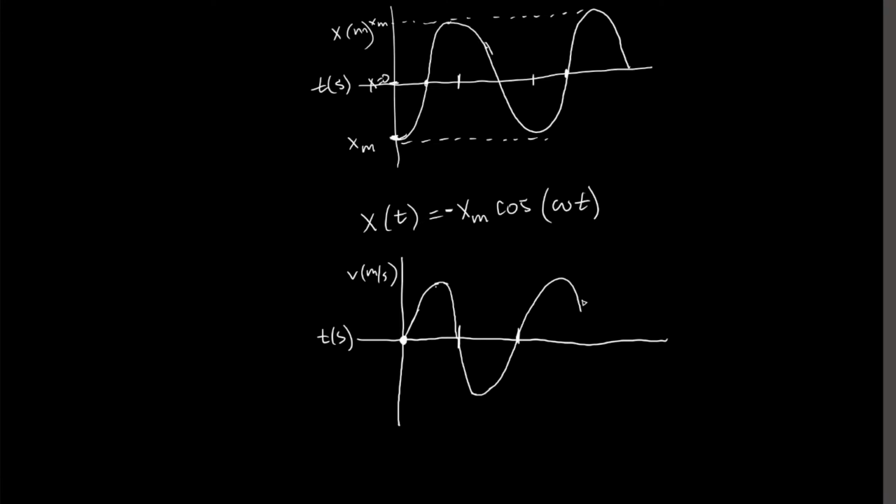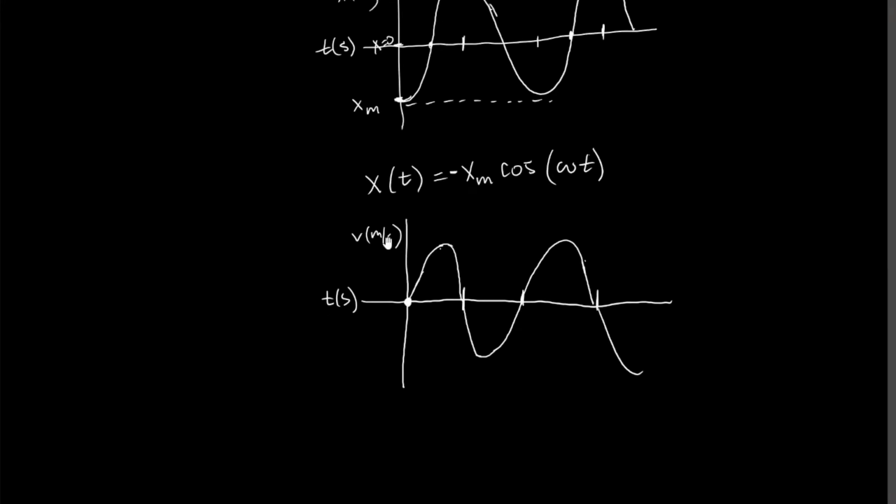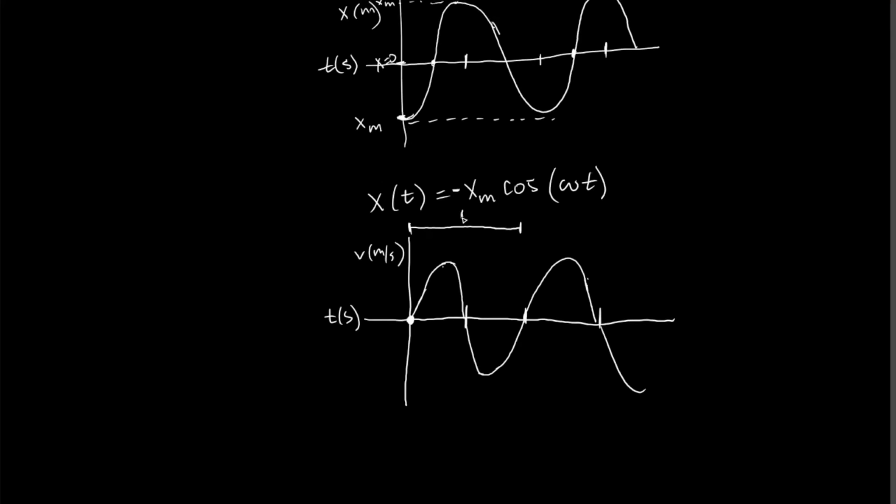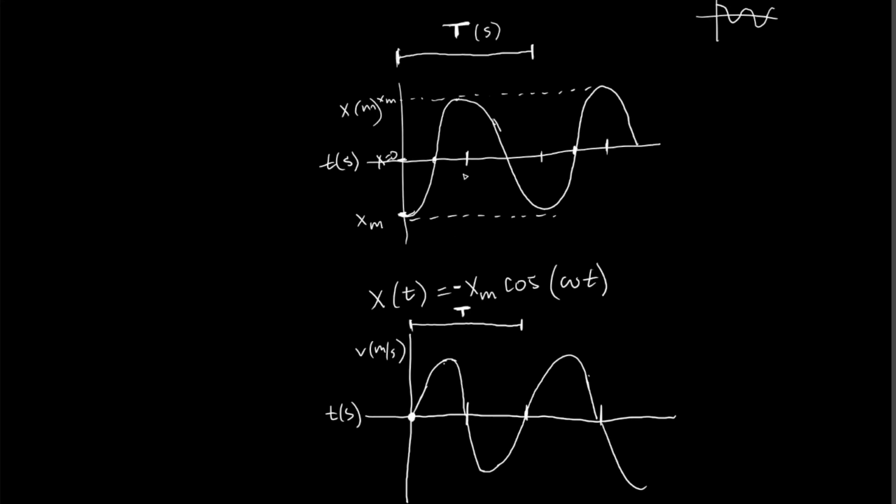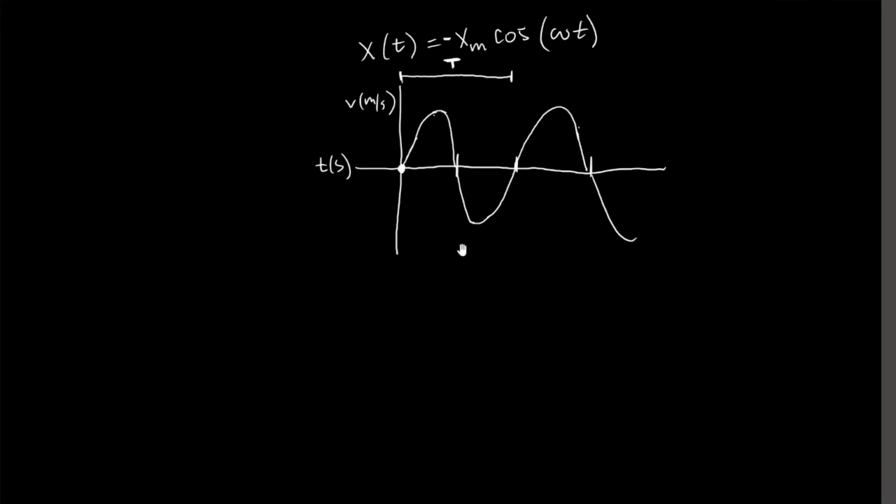So that was one full oscillation. This point lines up here. And our velocity has the same period as our position. So this period is the same as that period.